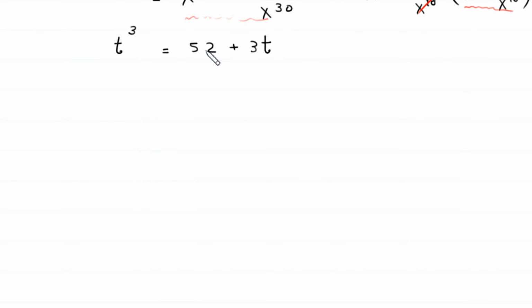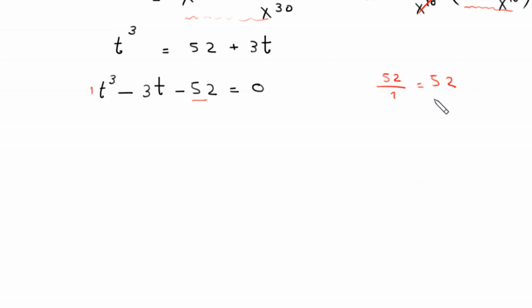Now we move these two terms to the left hand side, then this will become t cubed minus 3 times t minus 52 is equal to 0. Now if we divide this 52 by the coefficient of t cubed, 1, we get 52.